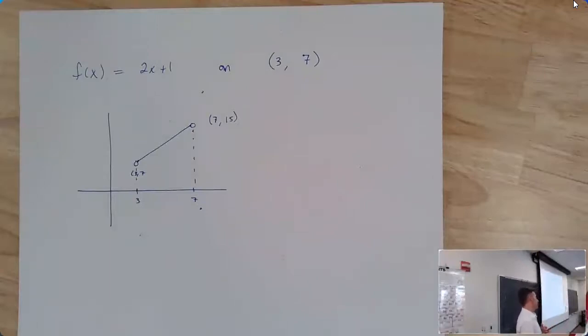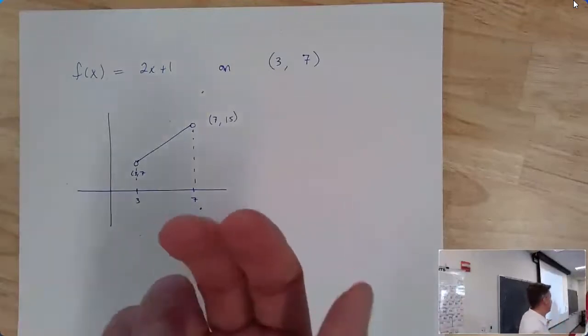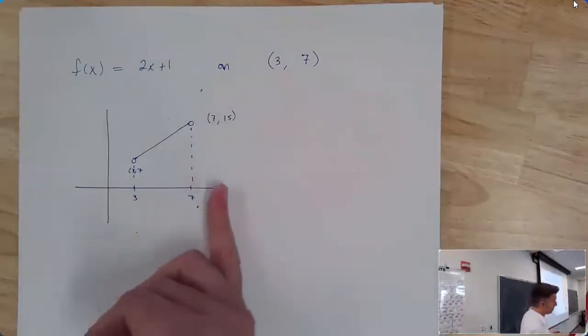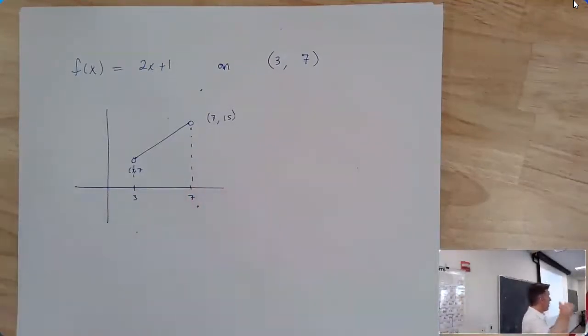But we don't actually get to 15, which is what the limit is. So if we have an open interval, we don't have a highest y value necessarily. We don't have a lowest y value necessarily, and that's a problem for this theorem, because the theorem says we have some upper f of a or some highest value, some lowest value that we're looking at as our endpoints. There isn't that.